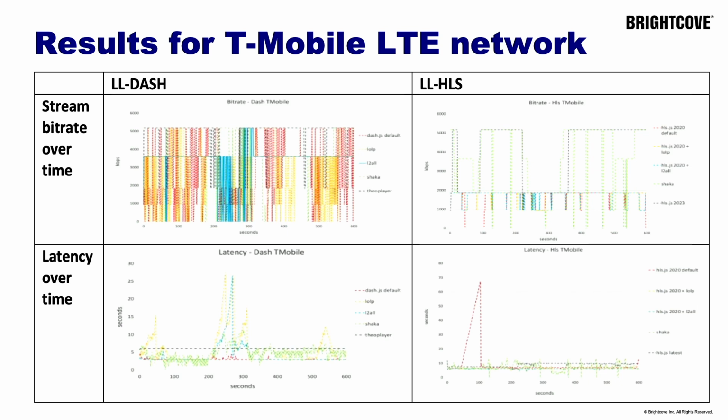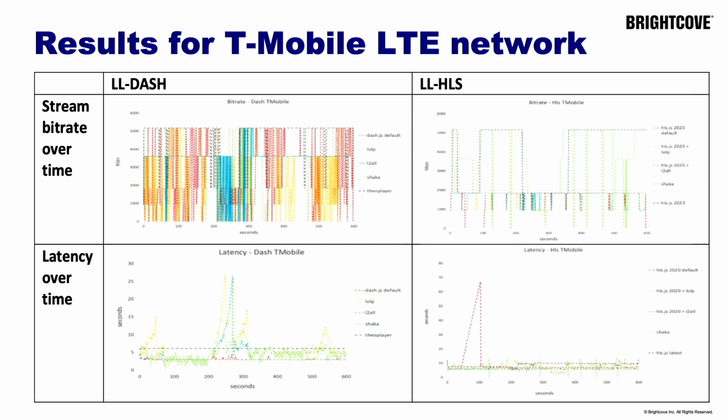All the players change bitrate quite frequently during the hard time when the network bandwidth drops significantly and fluctuates badly, in about the 200 to 300 seconds area. Also, on average, Shaka player achieved the highest average stream bitrate of the players.